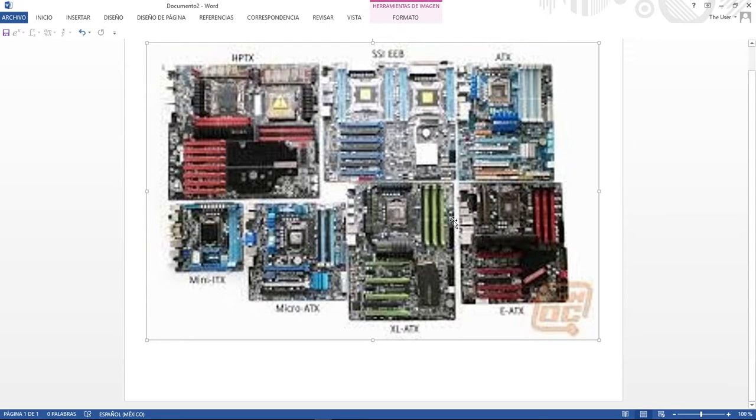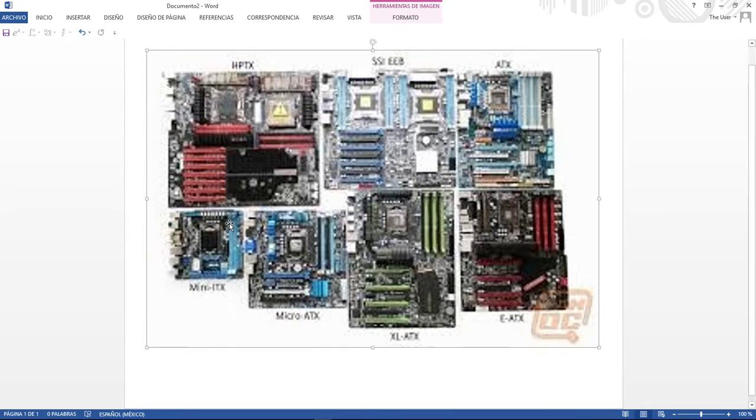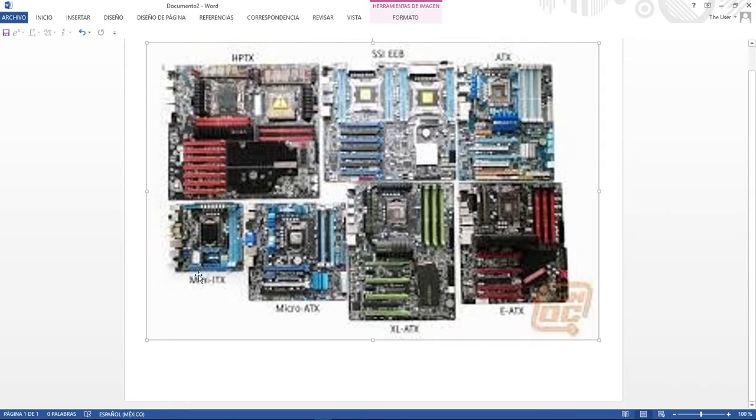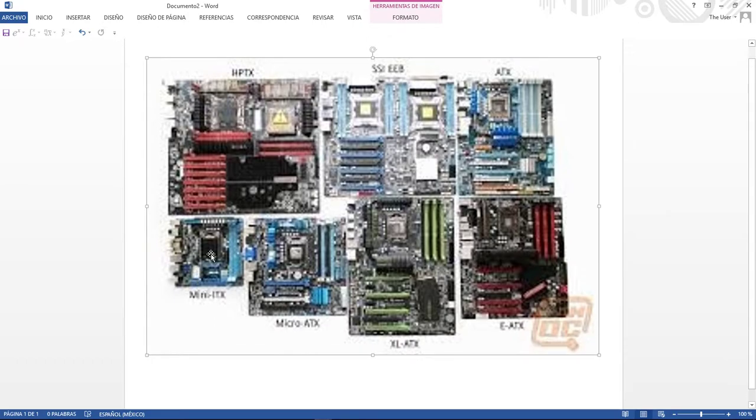Forget about SLI or Crossfire or lots of expansion slots because you only get a single PCIe x16. Also, you can fit really good VRM. But again, if you want a small computer, this is a really nice option.